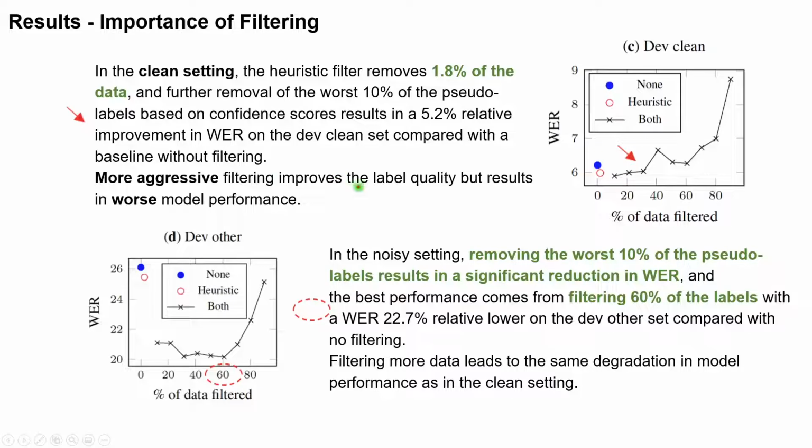So more aggressive filtering improves the label quality but results in worse model performance. This is on dev-clean. Now if we talk about dev-other, which is a noisy environment, here also you see that up to 60% filtering is okay. Beyond that, the models start to perform worse, similar to what was happening for clean data.